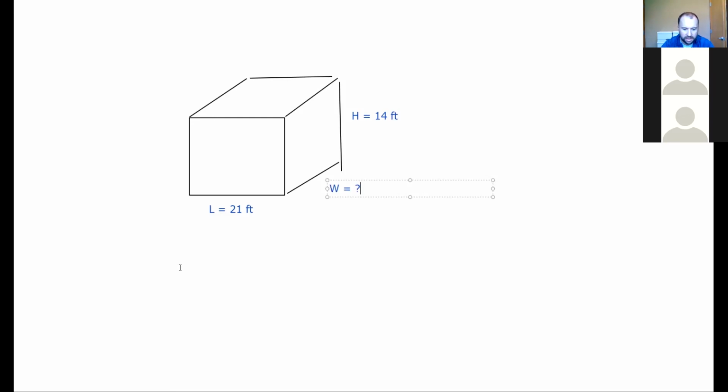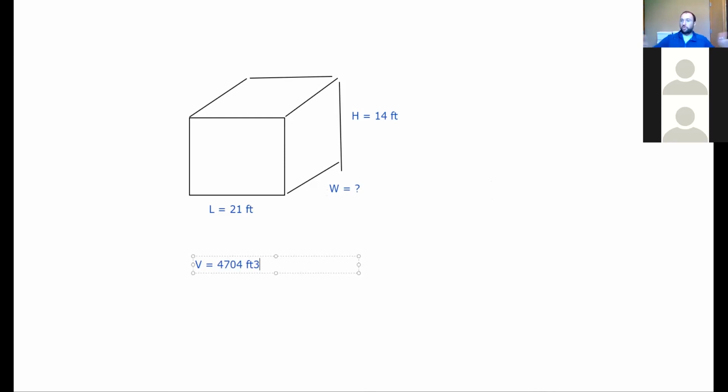So let's say I'm just going to make up a number. Give me just a second. I'm winging it on the fly here. This is a big room. Okay, so this room has a length of 21 feet.